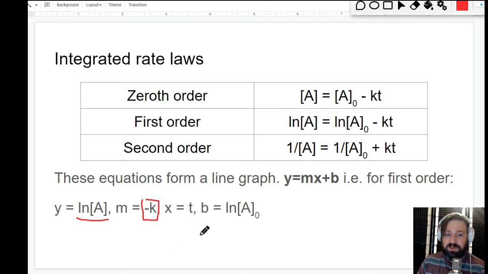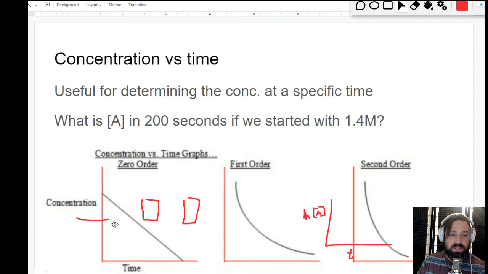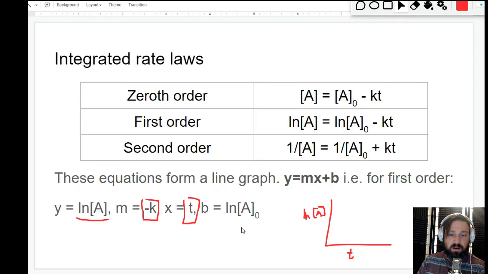That's going to be helpful to us. x is going to be our time, which is what we're after. So y is ln concentration of A, and x is our time. This is exactly the type of graph that we are after here.